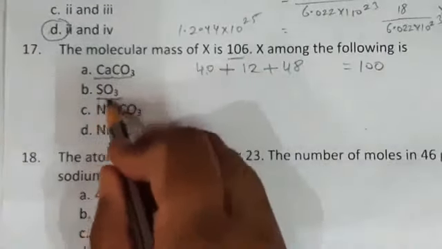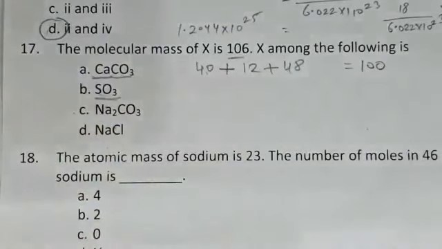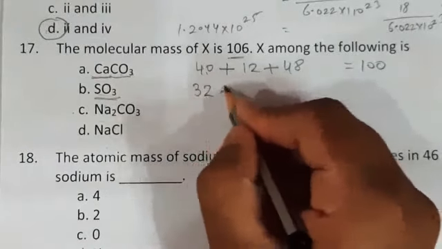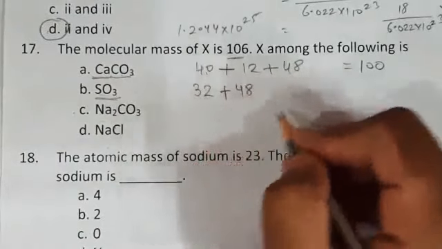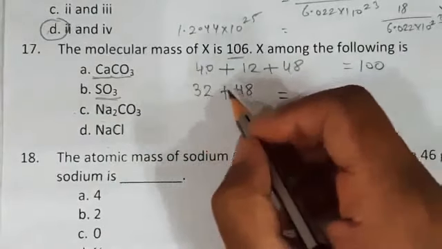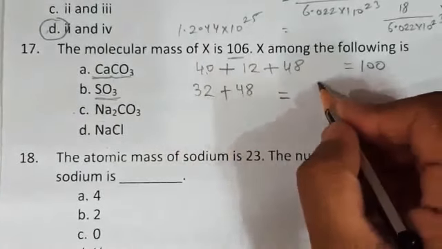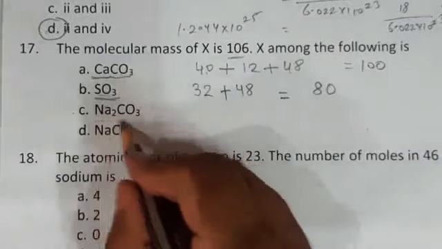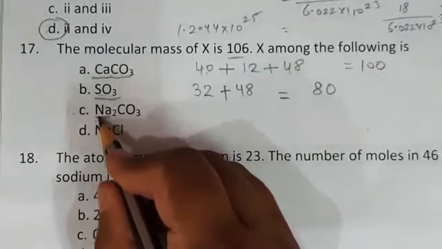For SO3, for sulfur, what is the molar mass? 32 plus 16 3s are 48. So 32 plus 48, 80.